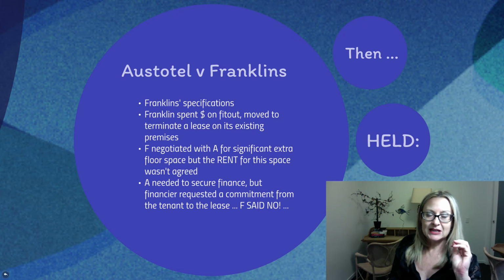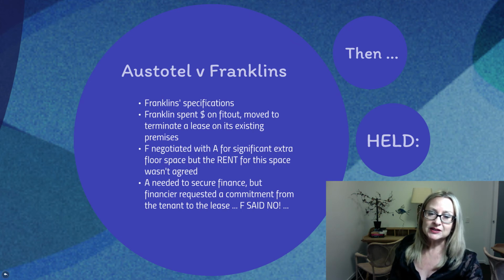Franklin's had told Ostertell that it required Ostertell to fit out the premises according to its specifications, so a little bit like Waltons Stores and Maher. Franklin itself spent a fair bit on fit out, and it also was fairly confident that a lease was going to result with Ostertell because it actually moved to terminate the lease on its old premises.